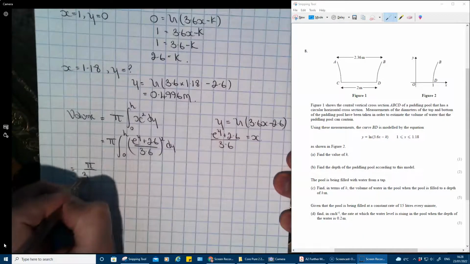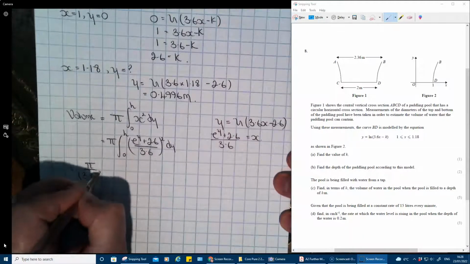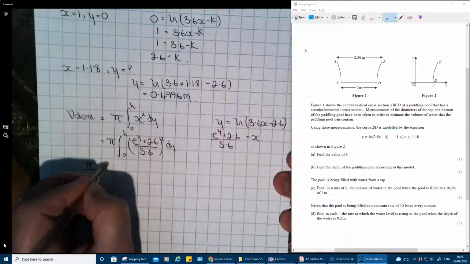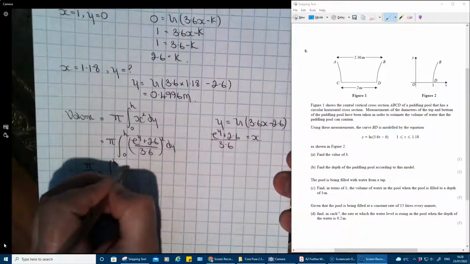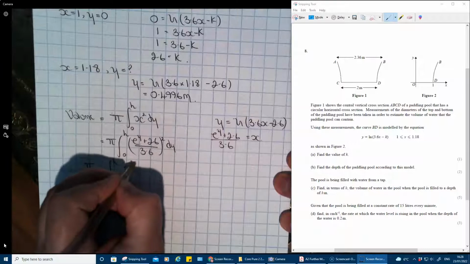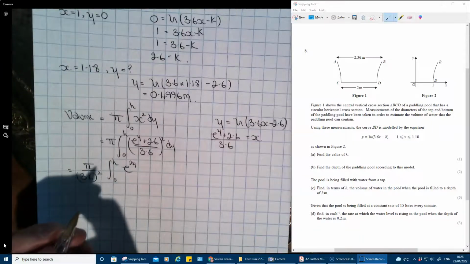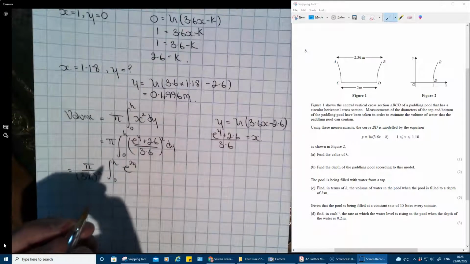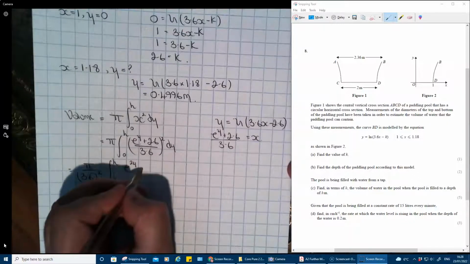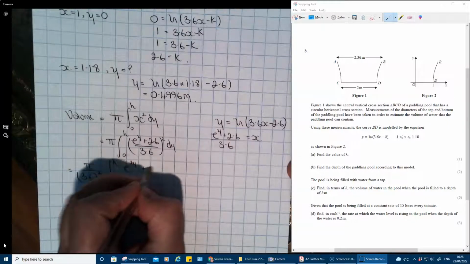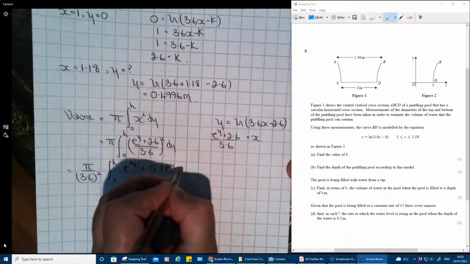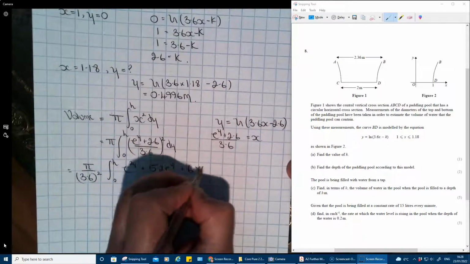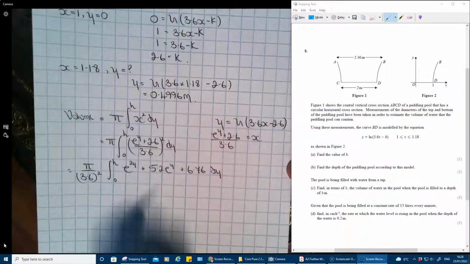So pi over 3.6 squared, and I'll just do it on a calculator, the integral between 0 and h of e to the 2y plus 5.2 e to the y plus 6.76 dy.